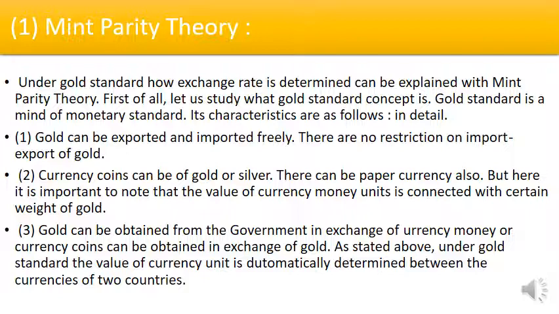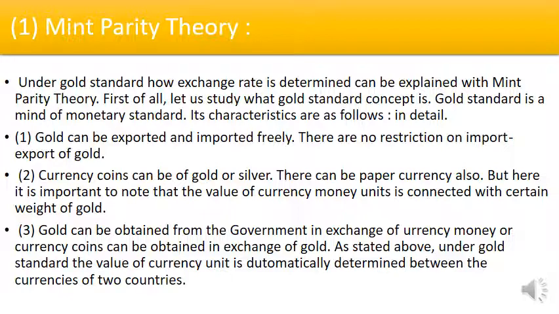Middle East countries like Iran, Iraq, Saudi Arabia, Turkmenistan, and so on have many resources of gold. There are no restrictions on the import and export of gold, so it is an important material for any country. Then no taxes or duties are levied on the import and export of gold.